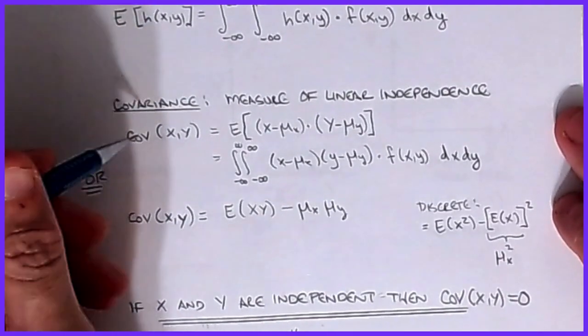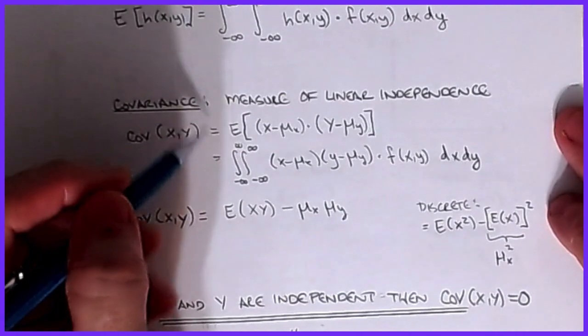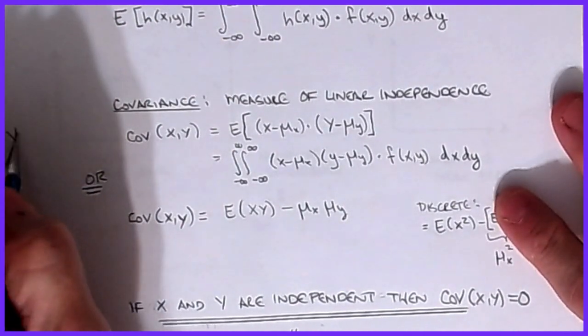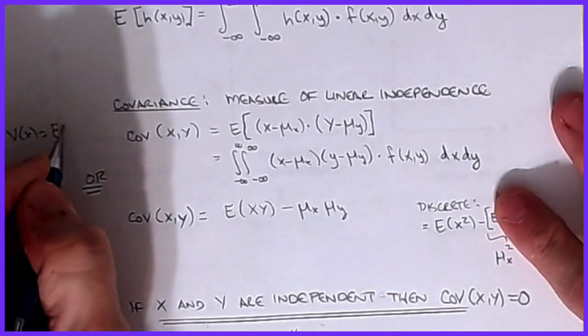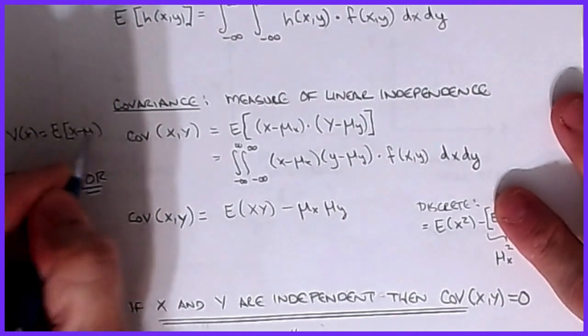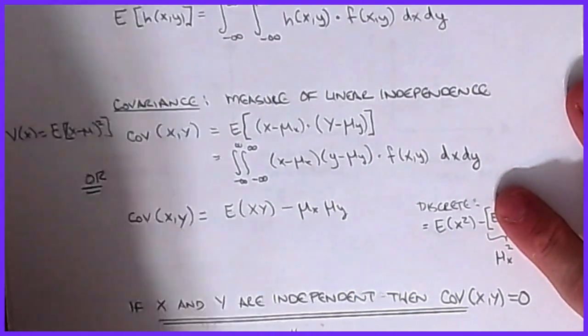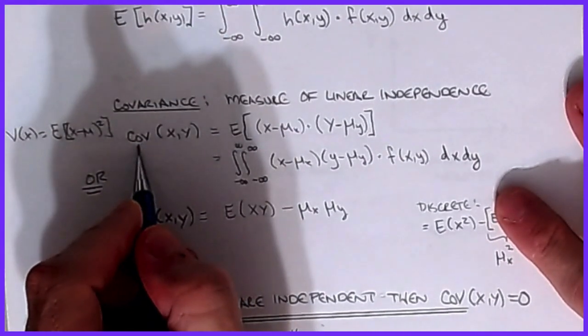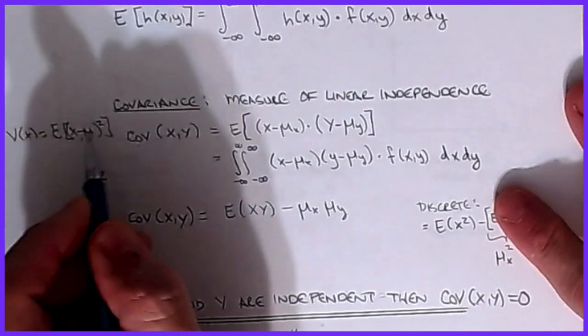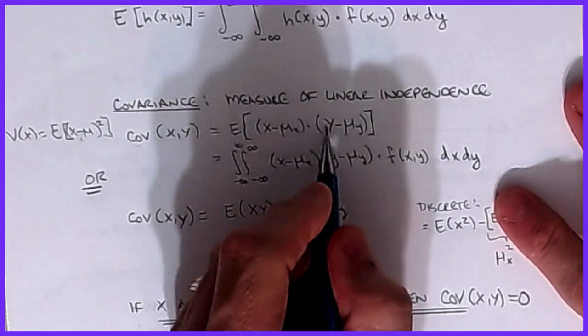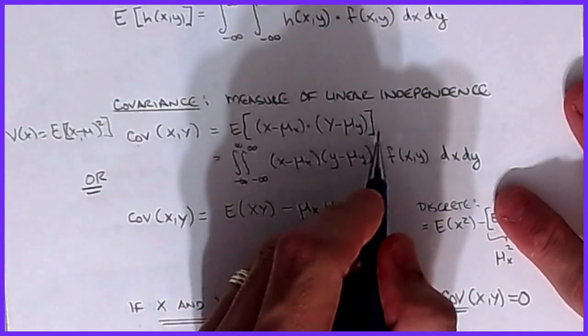Now, the covariance of x, y is basically the expected value that we had before. If you remember, when we did the variance of x, it was the expected value of x minus mu, that whole quantity squared. What the covariance is doing now is saying you had two of them there, that was what the square was. You keep one as x minus mu x, and compute the other as y minus mu y.